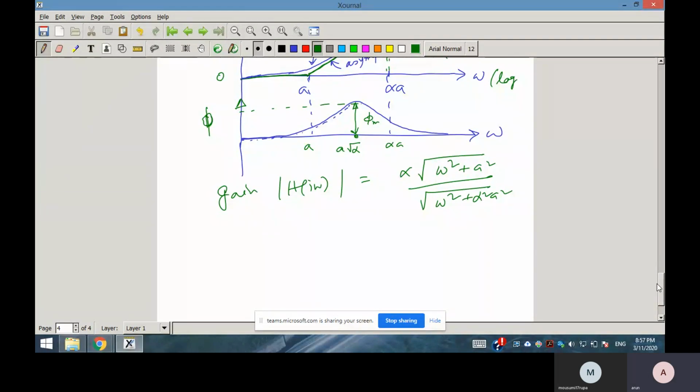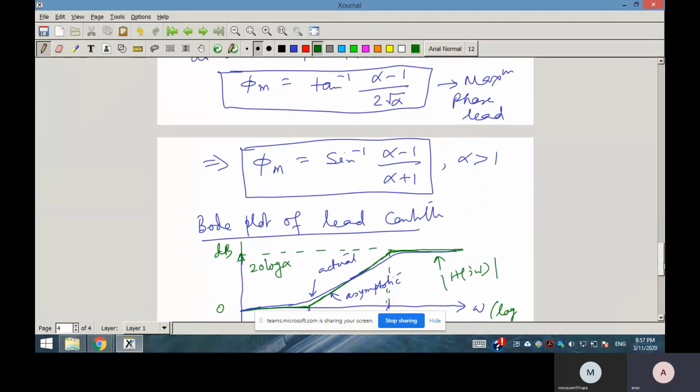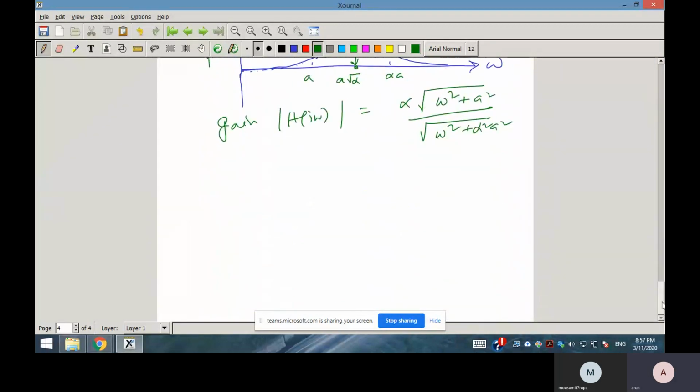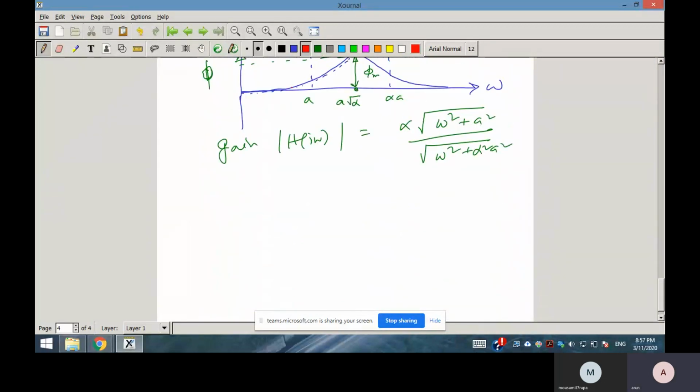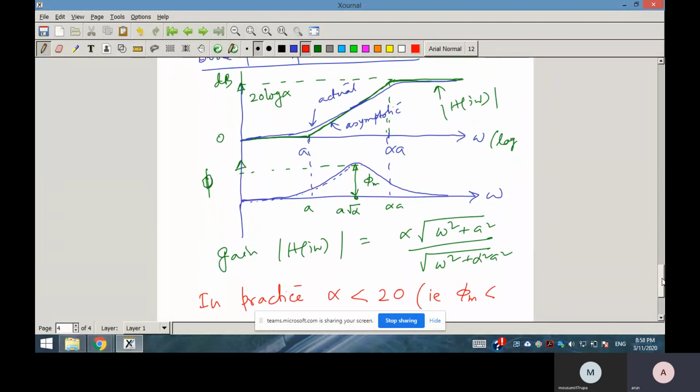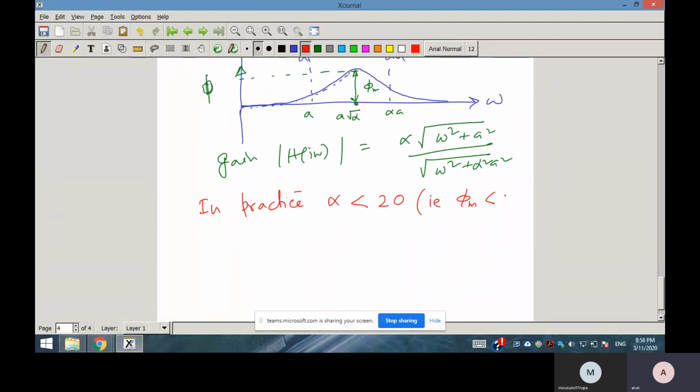Now alpha is greater than 1, but how much alpha is allowed in practice? In practice, alpha is assumed to be less than 20. This means the maximum phase lead phi m, if you take alpha equal to 20, the corresponding phi m will be approximately 64.8 degrees.